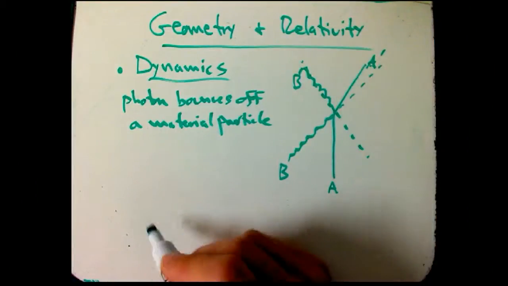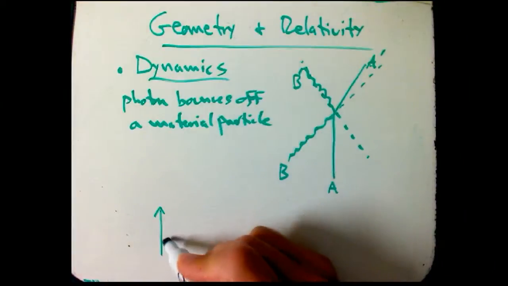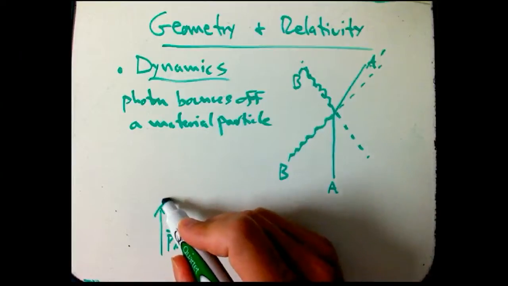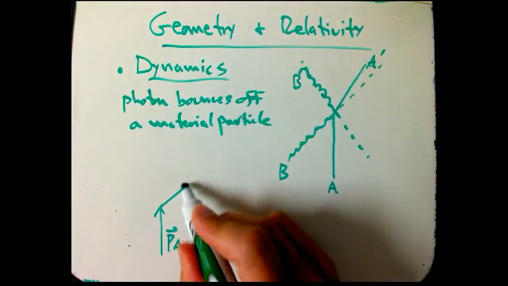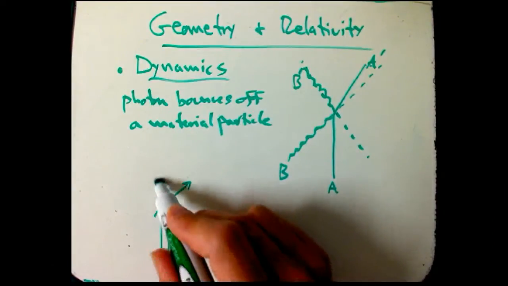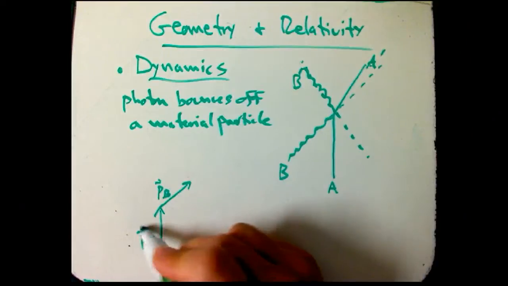So the momentum picture would be then PA is like this, and then PB, well, let's make sure it's really going pretty fast. Okay, so it's going to be going at a 45-degree direction, the null direction. And then, let's put that over here.